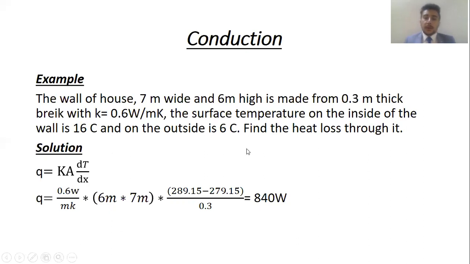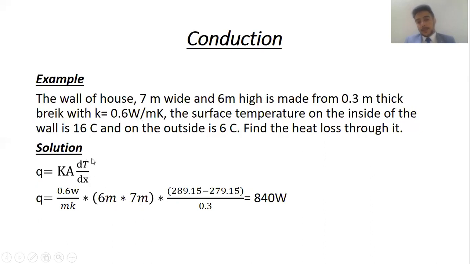So find the heat loss through it. The heat loss means the heat transfer rate, Q. So in conduction, you have the general law, Q is equal to kA delta T over delta X. K is the thermal conductivity, which is 0.6 watts per meter Kelvin. A is the cross-sectional area, so you can multiply 6 meter by 7 meter.